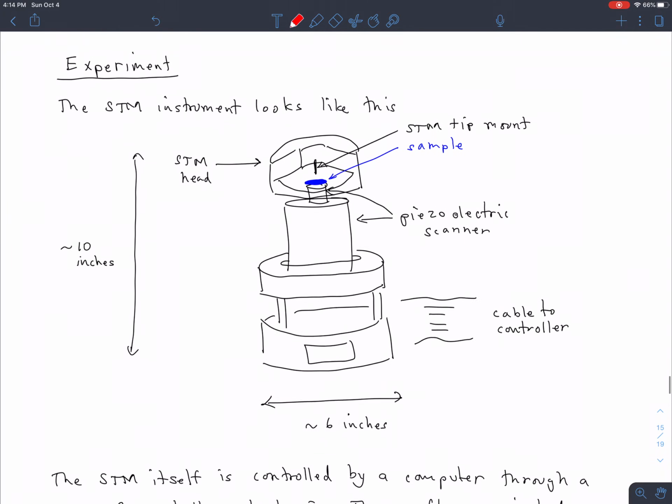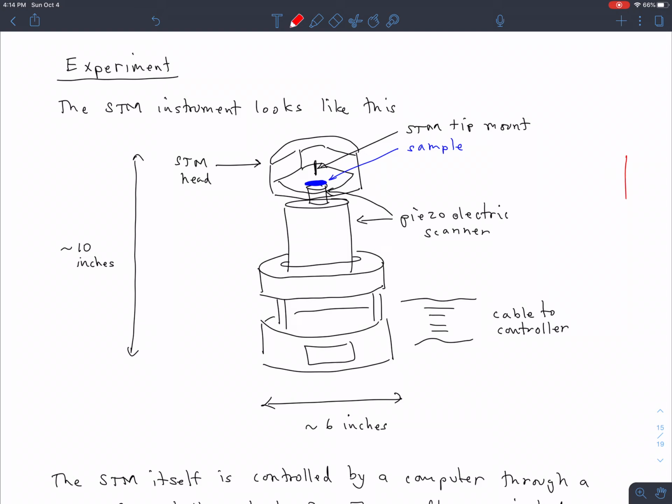All right. Here's what the STM looks like. We'll see it when we actually do the experiments. There's an STM head. The tip is mounted in that head. There's a piezoelectric scanner, which looks like a cylinder of metal, but it's got a piezoelectric element inside of it. And then there's a base that everything is sitting on. The electronics are all on that base.